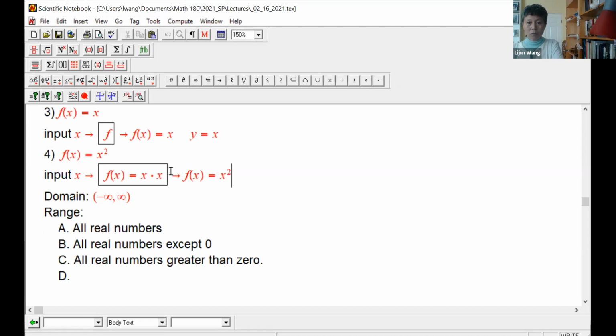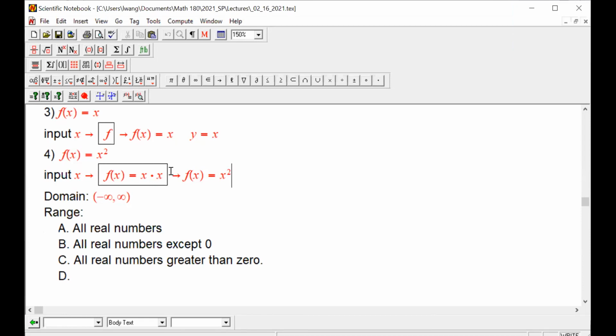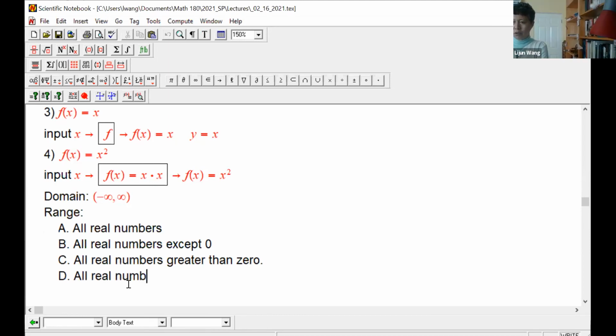What happened to 0? Can 0 be the input? Yes. What's 0 times 0? 0. All real numbers greater than or equal to 0.